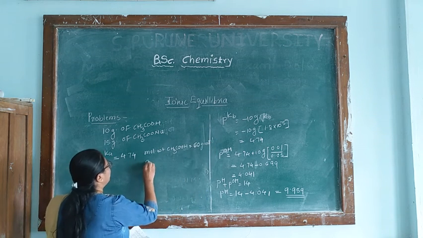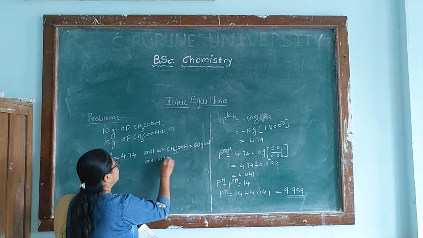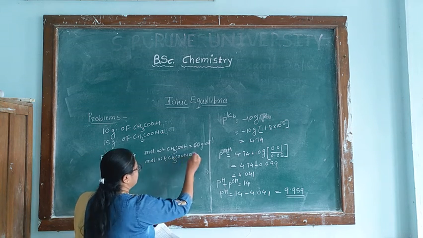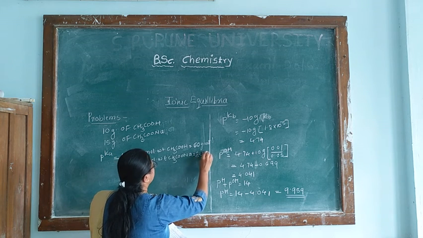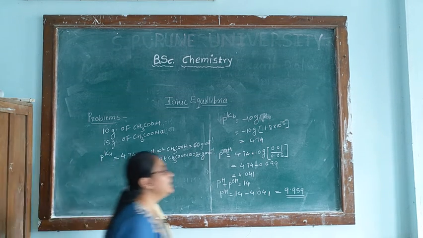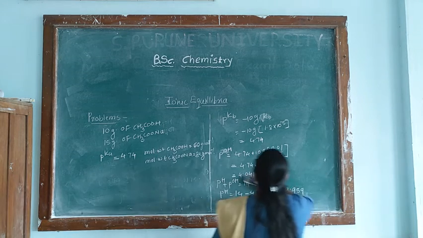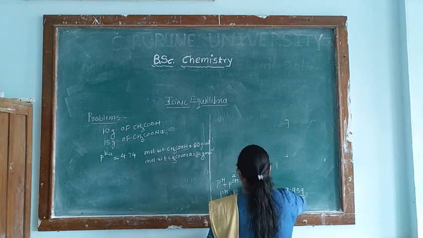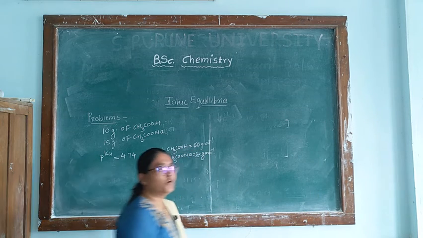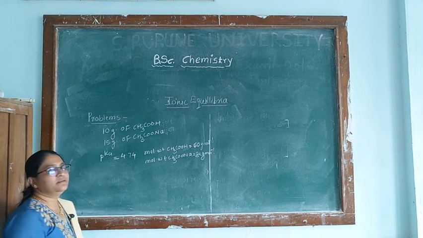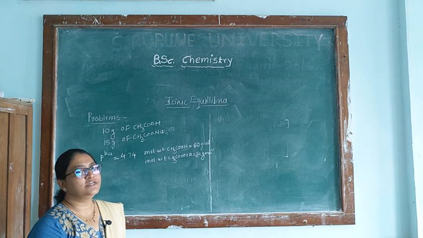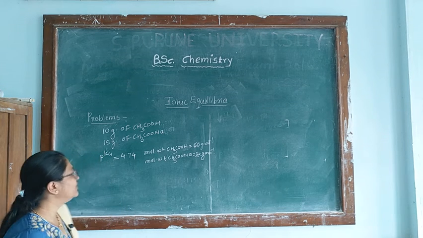The molecular weight of sodium acetate is 82 grams per mole. So this is the data we have been given. Now we will calculate the pH of the solution. This is an acidic buffer, and we know the formula to calculate its pH: pH is equal to pKa plus log of concentration of salt divided by concentration of the acid.